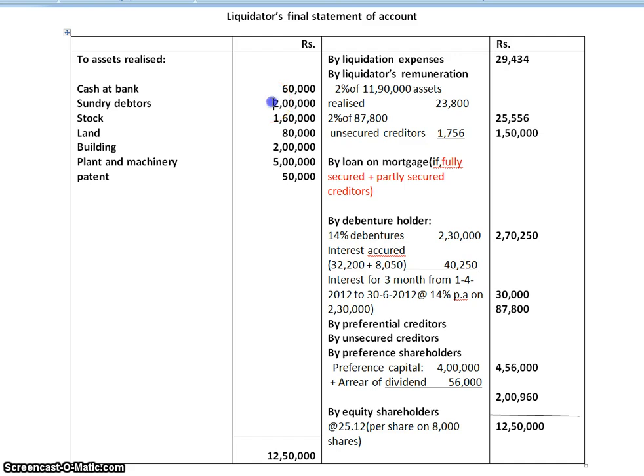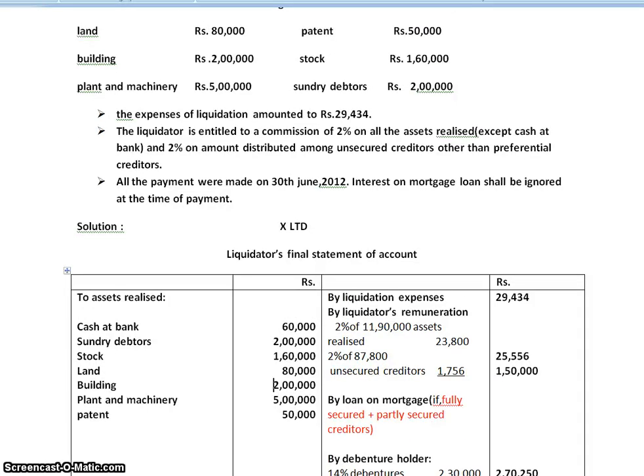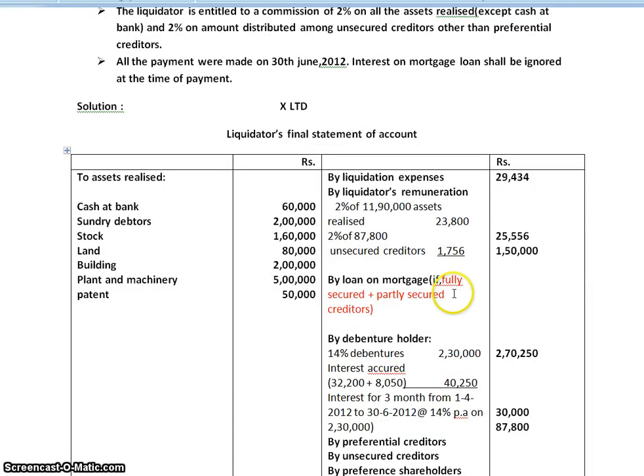He has realized the debtors, the stock, the land, building, and plant and machinery, including the patent, and also the cash at bank. By selling all these assets the total amount realized was 11 lakh 90,000. So on this 2% he will get commission, so it is 23,800.